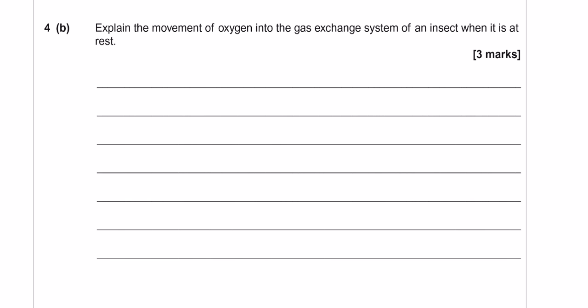Question 8b, it says explain the movement of oxygen into the gas exchange system of an insect. Again, it's for 3 marks, so it's looking for quite a substantial answer. The first thing is to say what the oxygen is being used for. The oxygen is used in respiration.